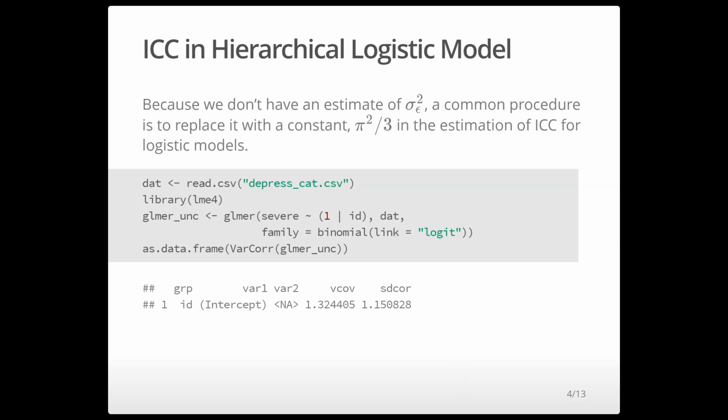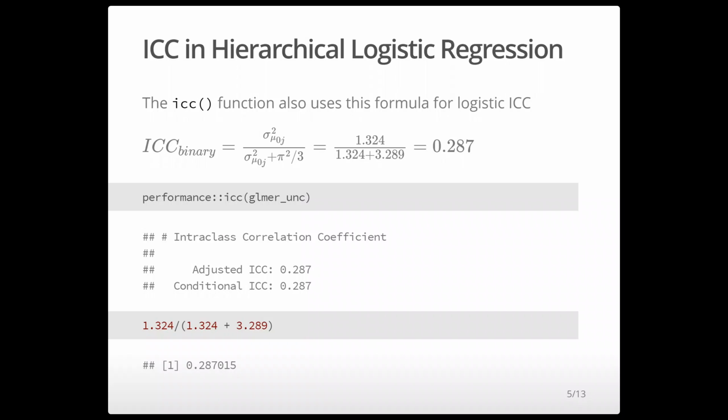And we get our output, and you see our random effects. In our random effects table, we only have one row now. We don't have two rows because we only have sigma squared mu 0j, no sigma squared e. And so we plug in our sigma squared mu 0j into our ICC function, and we divide sigma squared mu 0j by sigma squared mu 0j plus pi squared divided by 3, which again is a constant.